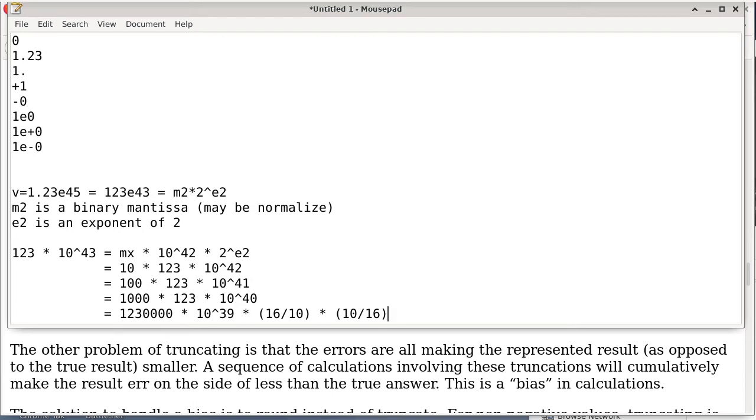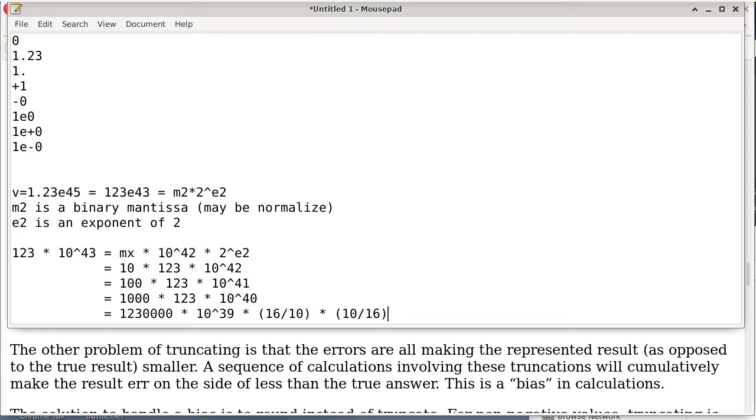They just cancel out, right? That's fine. But what if I associate this multiplication by 10 here, and then we take care of this one by reducing it over here? Then we have 16 divided by 16. But it's still not really helping, because we are still changing the mantissa.